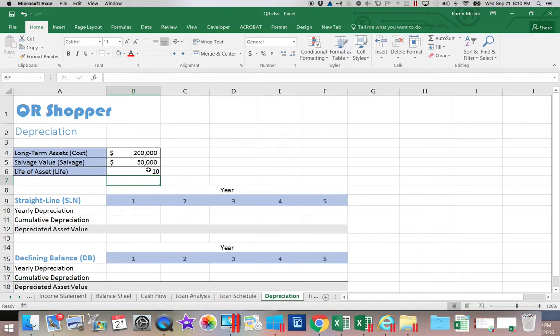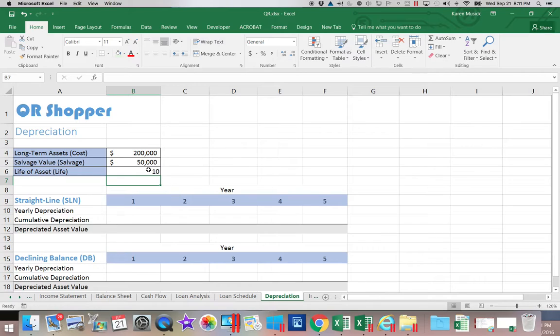Now what depreciation is, it's a way to spread the expense out over the life of the asset. So instead of taking $200,000 of expense on the day I buy it, I'm going to spread that out over the life.